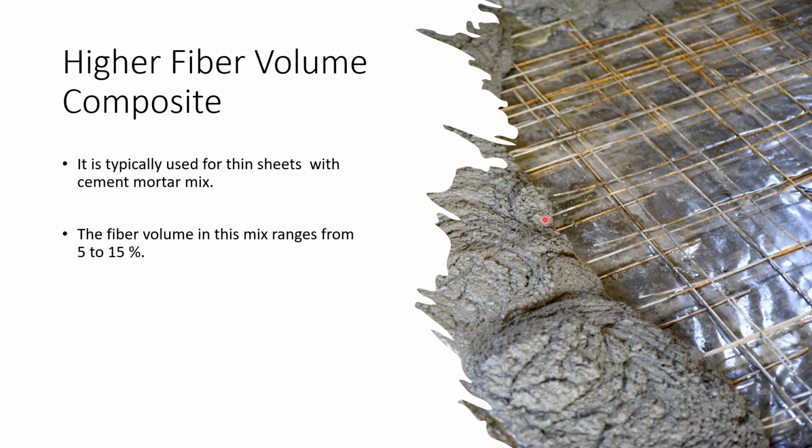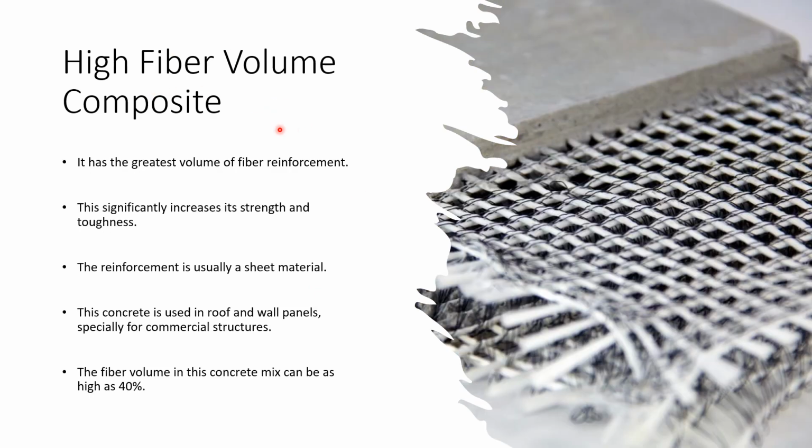High fiber volume composite is typically used with thin sheets, and you mix it with the cement mortar mix, which is your concrete. The fiber volume in this mix ranges from 5 to 15% fiber in the concrete. High fiber has the greatest volume of fiber reinforcement, and it definitely increases the strength and also toughness.